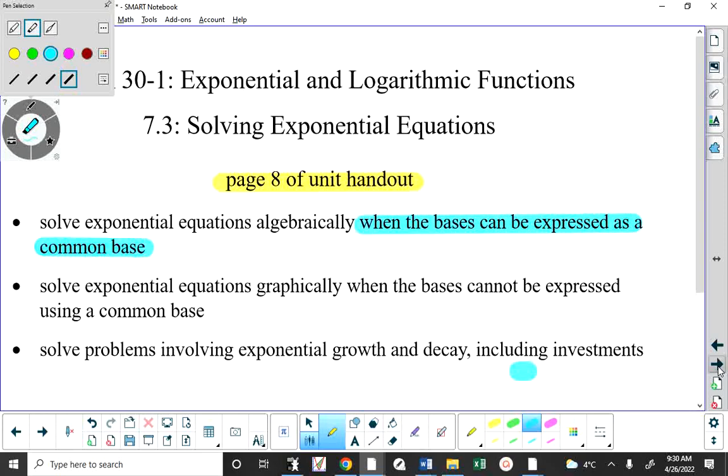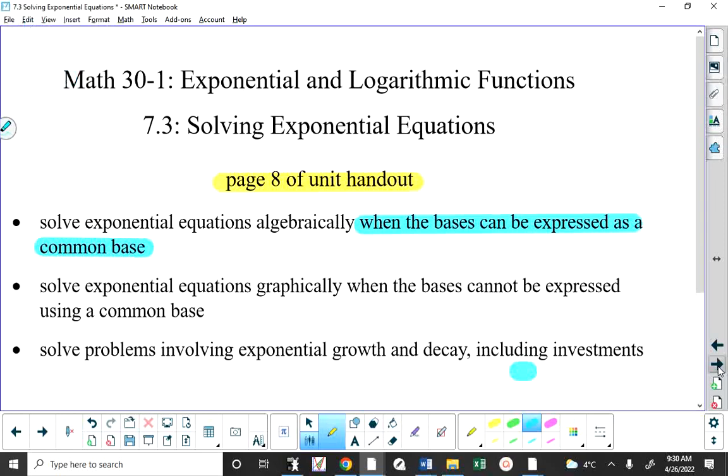If you cannot express everything in the equation with the same base, then you cannot solve it algebraically today, but you will be able to solve it algebraically next week. Equations that we cannot solve algebraically, because we cannot put the bases as being the same, we have to solve graphically.